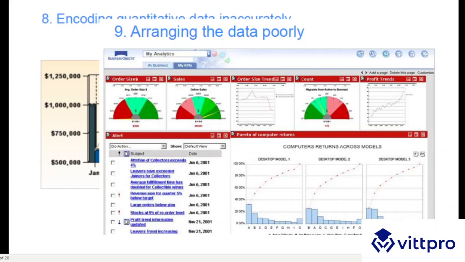In this case, this company is using order size and sales, which may not be the best example or the best measure to monitor. It should maybe start with sales, and then maybe the profitability or the profit trends, and then the order size. Order size is not the most important thing. So that is another example of how we arrange the data.